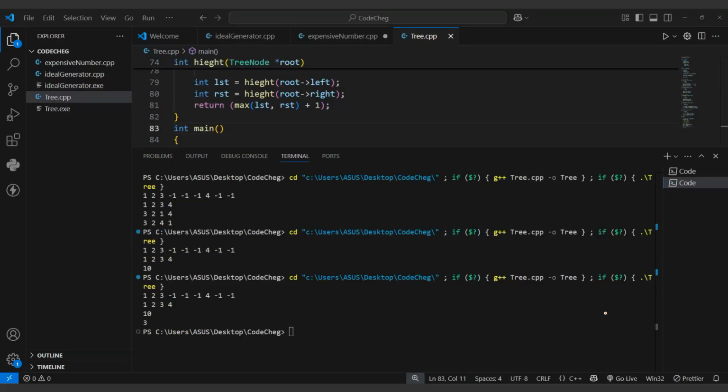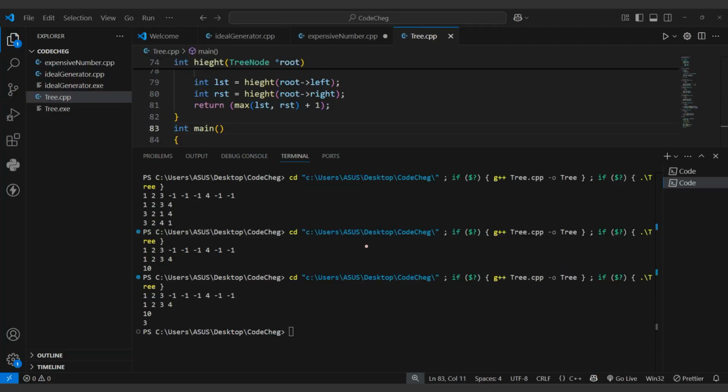This is the diameter if I say 1, 2, 3. And what is the diameter here? This is the diameter, 1, 2, 3. So what do we observe?